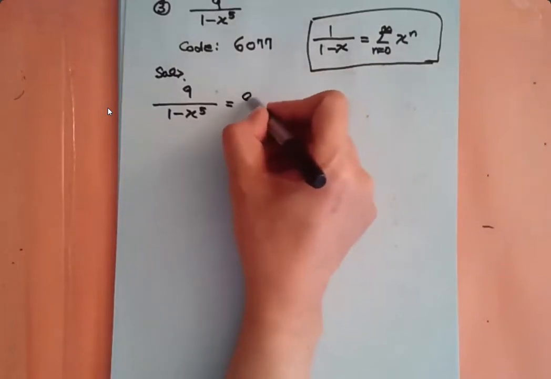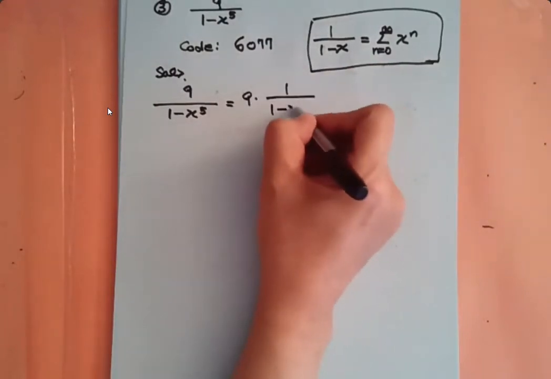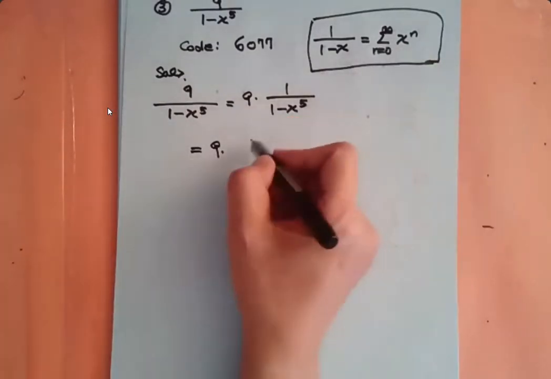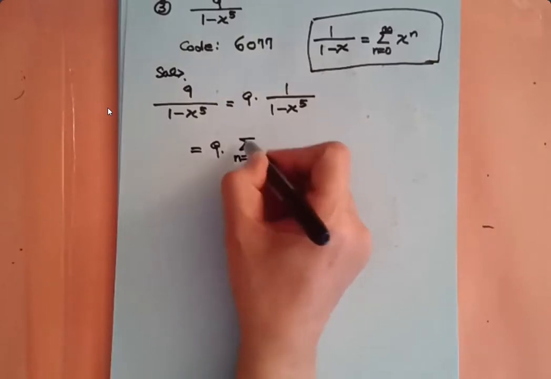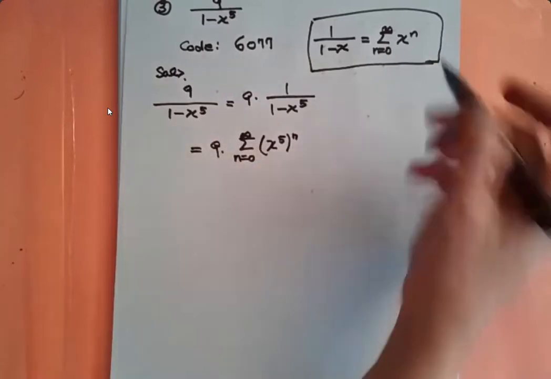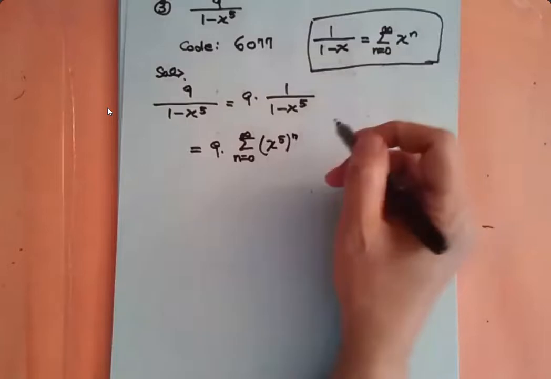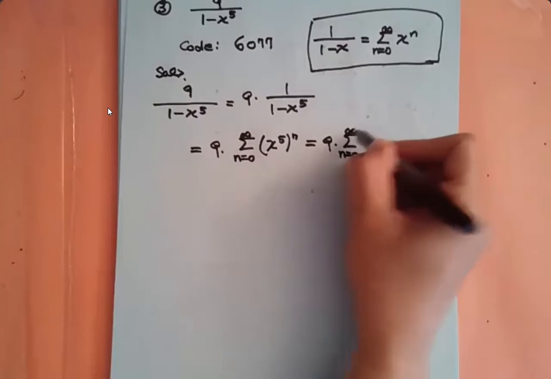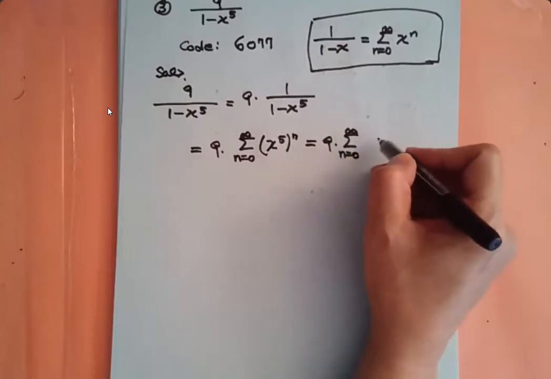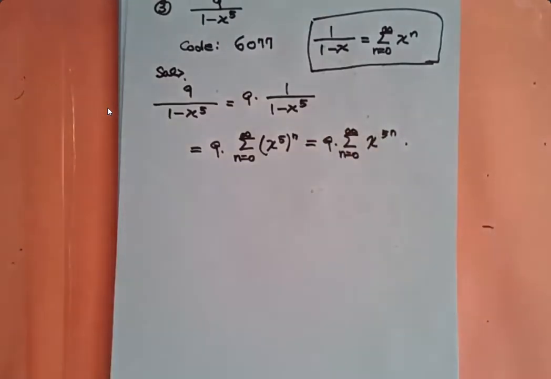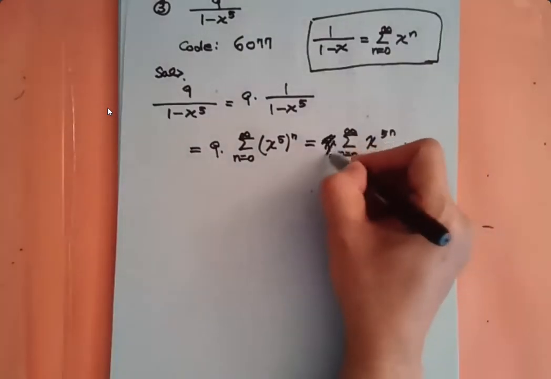So that can be written as 9 times 1 over 1 minus x to the 5th power. And so 9 times this part will be the summation n equals 0 to infinity, x to the 5th power to the n power. Instead of x, we are writing x to the 5th there. So 9 times the summation n equals 0 to infinity, x to the 5n power. Just a moment, I have to write 9 here.